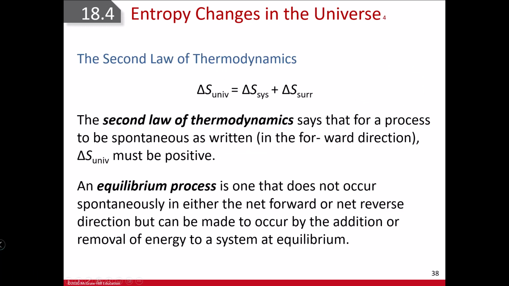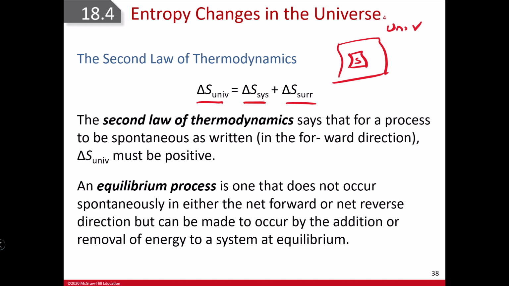All right, so the next slide, we know the overall change in entropy of the universe. Now, again, what are we saying here? We're talking about the system, the surroundings, and all that together is called the universe. Okay? So the change in the entropy of the universe is equal to the change in the entropy of the system and the change in entropy of the surroundings.